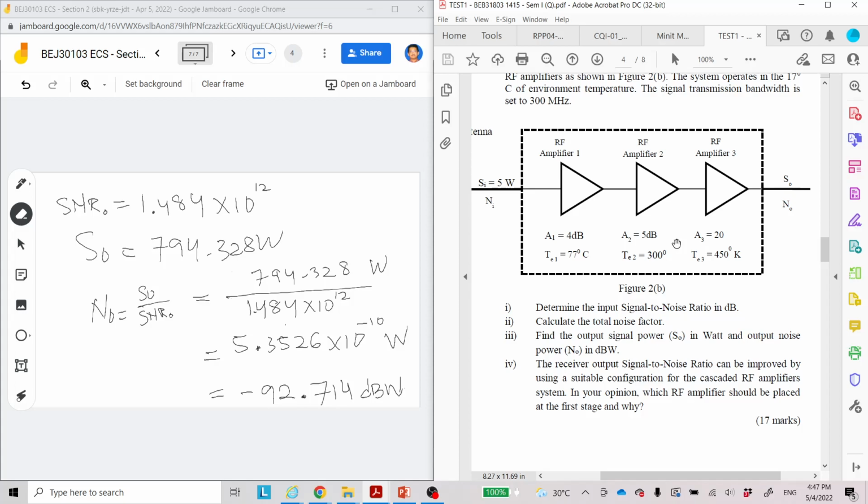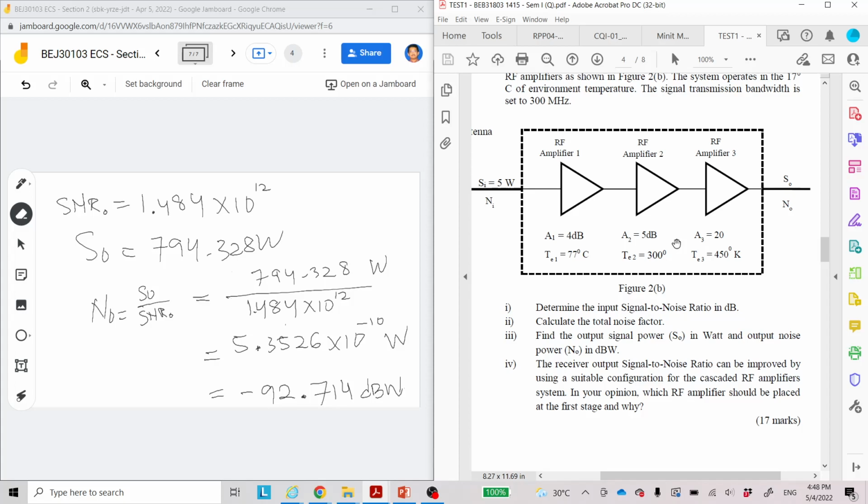According to this question, there are many ways to improve the SNR, of course. One of the methods is by rearranging the amplifiers. Salah satu cara untuk improve SNR at the output is to rearrange the amplifiers so that we can have less noise factor and improve the output SNR.